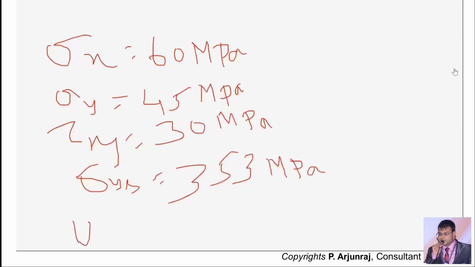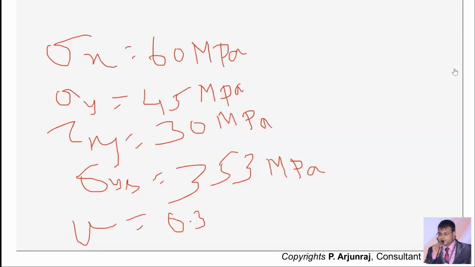And the Poisson ratio, which is very much required when you are going to solve the maximum strain theory or Saint-Venant theory, we need to consider.